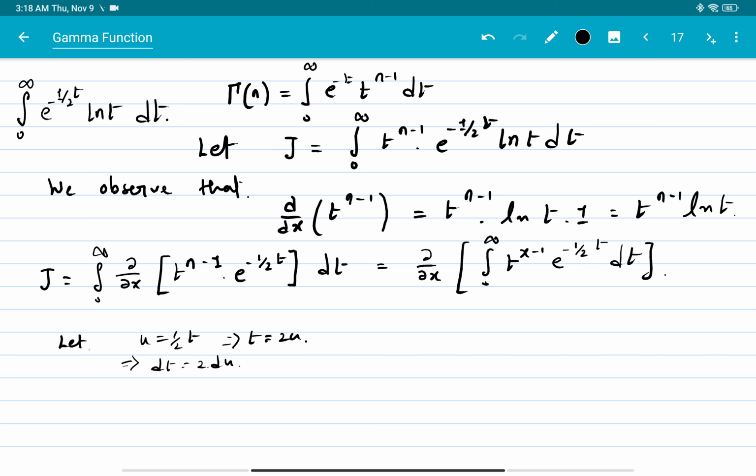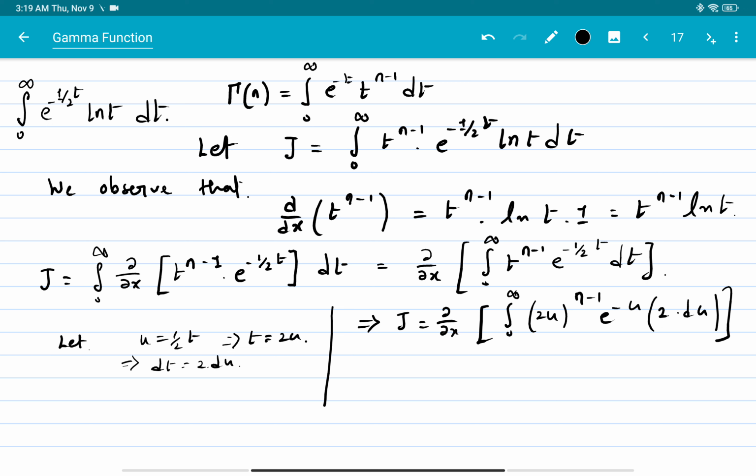From this, J can be written as del x of the integral from 0 to infinity of 2u to the power n minus 1, sorry, again a mistake, n minus 1, e to the power minus u times 2 du.